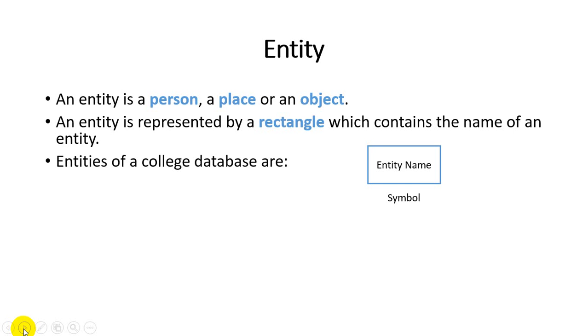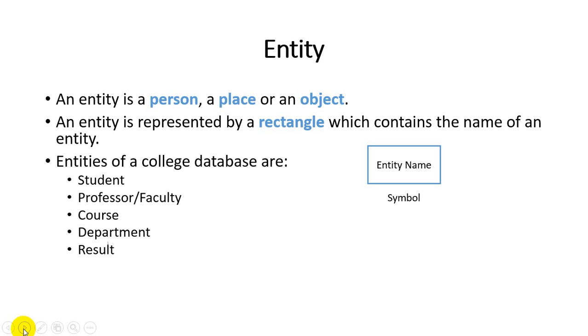Second, the entities of a college database are represented by entity names, with the help of a rectangle. For example, if we take a college database, the entities are student, professor or faculty, courses, department, result, and the last one is class. All these things we can put in as entity names, representing the entities of a college database, and also subject, which is part of a college database.